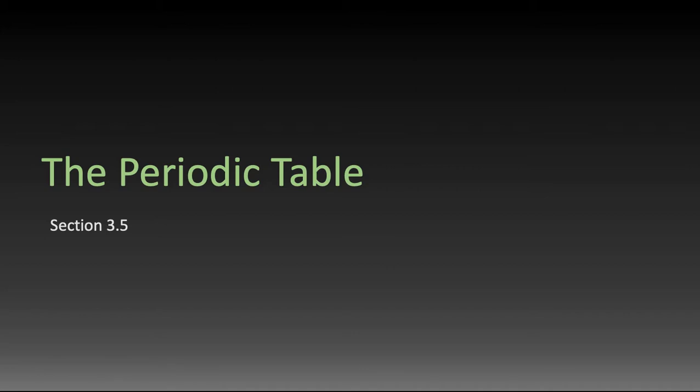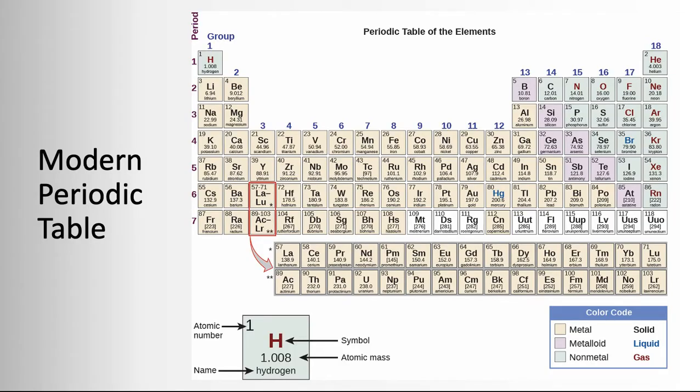The periodic table is section 3.5. This is a modern periodic table where you have all of the elements listed and you have a symbol for all the elements. Now, some tables are a little more elaborate and some less so, but all of the periodic tables, however simple they might be, will at least have these three things.